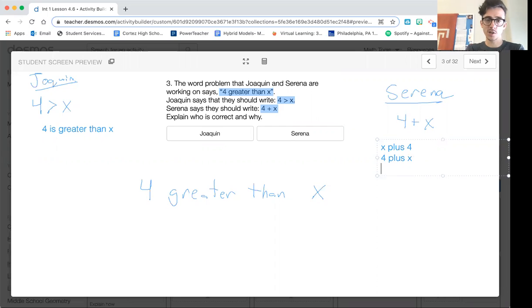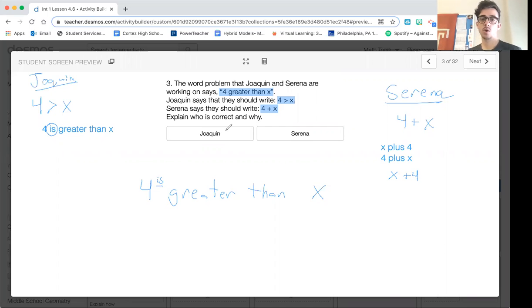But I think it comes down to the wording, because 4 is greater than x matches that, but this is missing the is. Whereas over here, 4 greater than x could have been written as this. It comes down to the is. I mean, it really comes down to that.